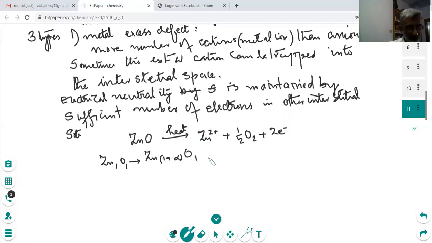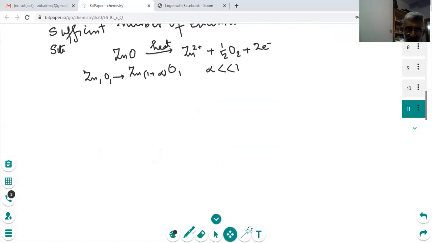Alpha is far less than 1, a very small number. You can just think of 1 or 2 molecules of ZnO converted into Zn2+, and the corresponding amount of oxygen is left. So what is the general picture of this crystal? Let's have a look at that. As we used to draw, we have the crystal structure here.